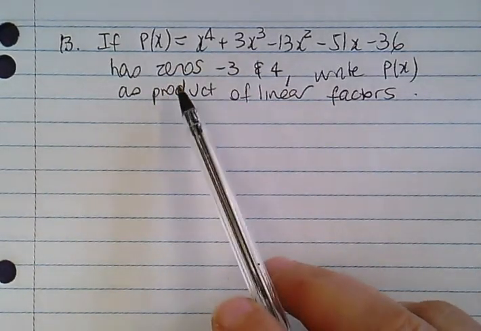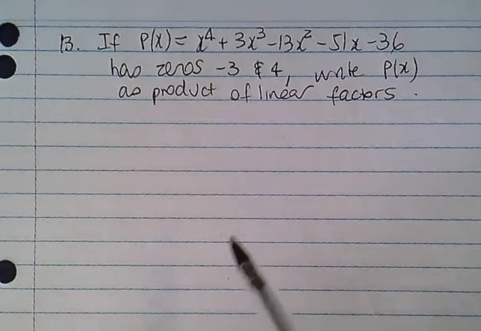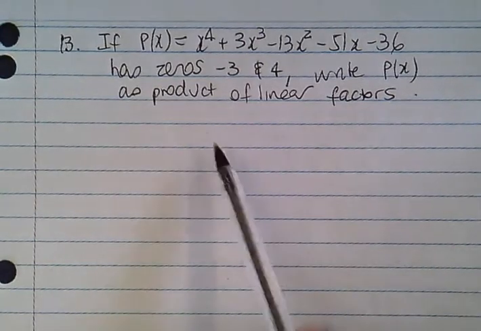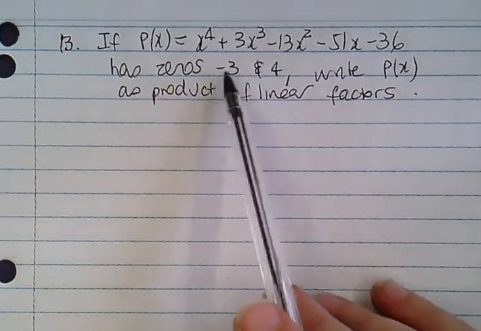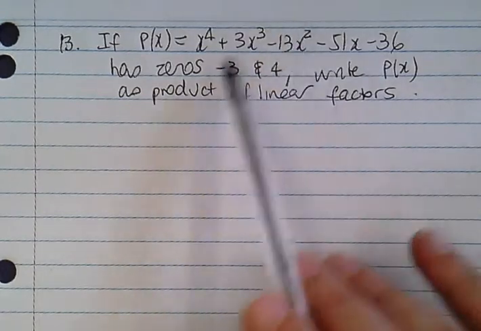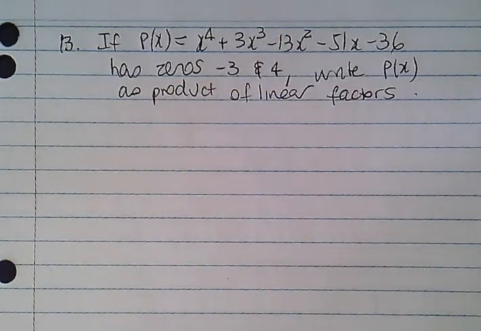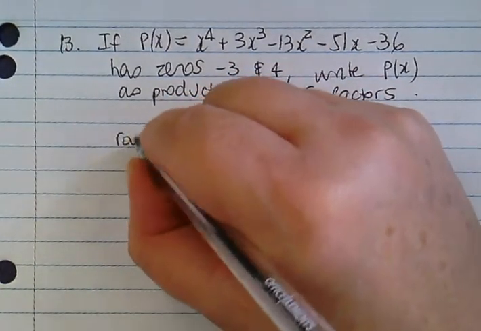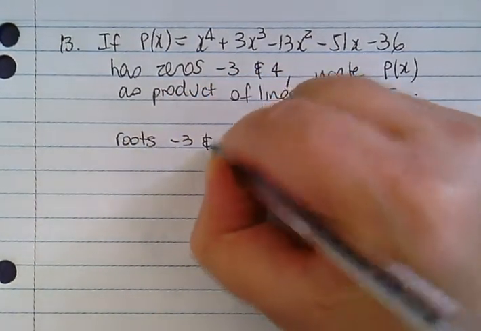They told you before it's got these factors, x plus 5, x minus 2, or whatever it said. Here it's just saying it's got zeros, negative 3 and 4. The zeros of the polynomial are the roots of the equation. So it has roots negative 3 and 4.